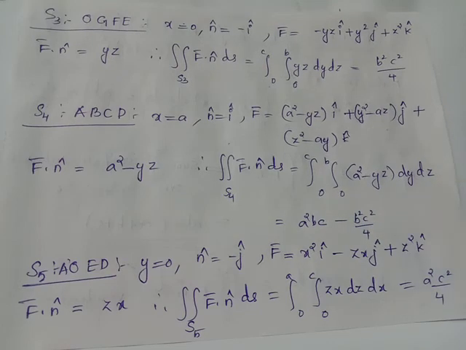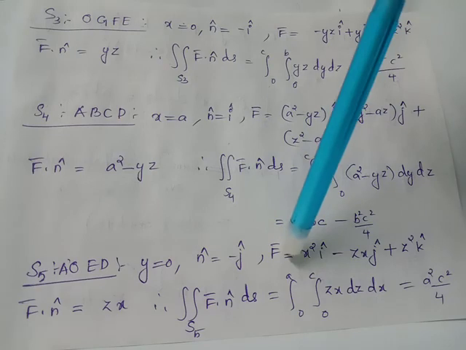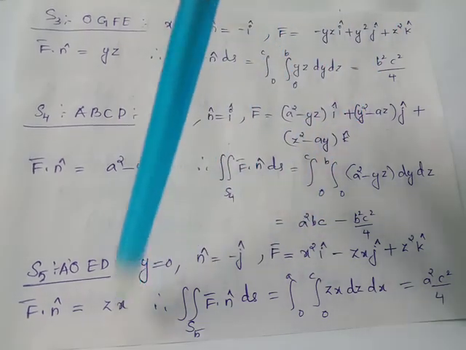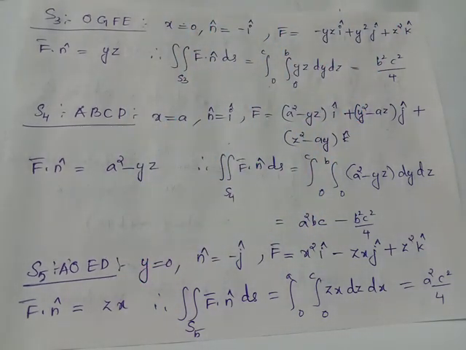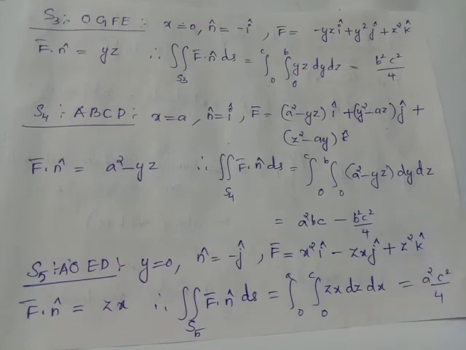Similarly, for S5, y equals 0 is satisfied and n cap equals minus j. When you give y equals 0 in the given vector field's expression, f bar changes to this expression. You will take the dot product between f bar and n cap, which gives us zx as the answer. By usual integration, you get the surface integral along S5.